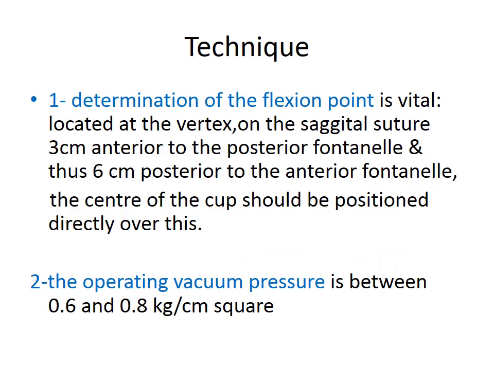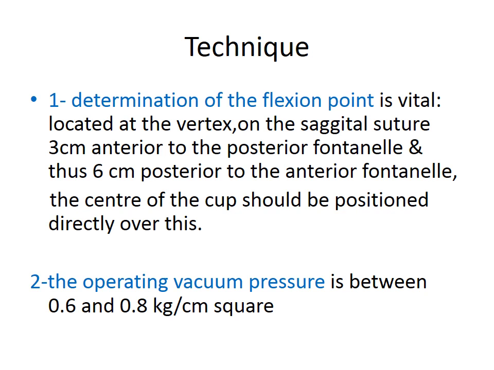What about the technique of applying the ventouse? Of course, first of all, we have to determine the flexion point in order to apply the center of the cup on this flexion point. This is located on the sagittal suture, about 3 cm anterior to the posterior fontanelle and 6 cm posterior to the anterior fontanelle.